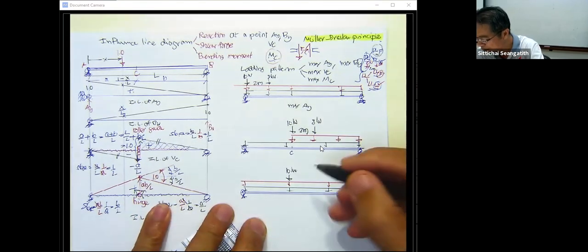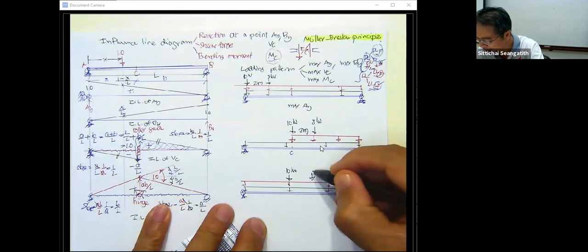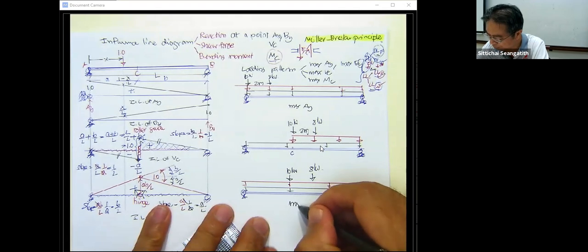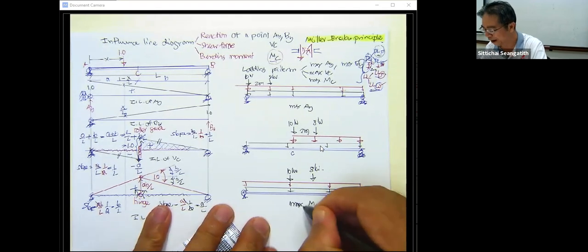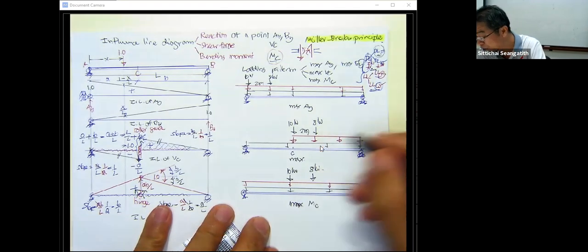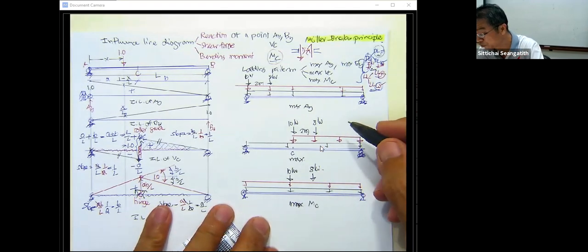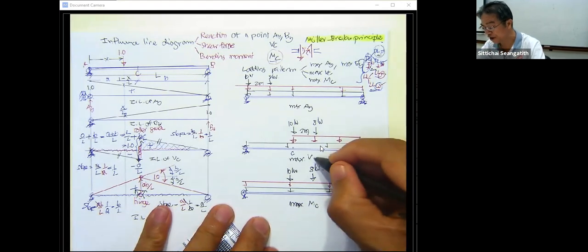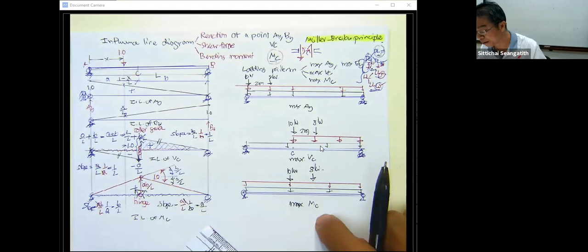And I believe if we put it this way, it's going to produce the maximum M sub C. Okay, and then you can see the loading patterns that are used to produce the maximum A sub Y, maximum V sub C, and maximum M sub C.